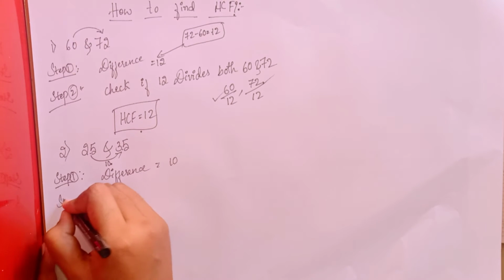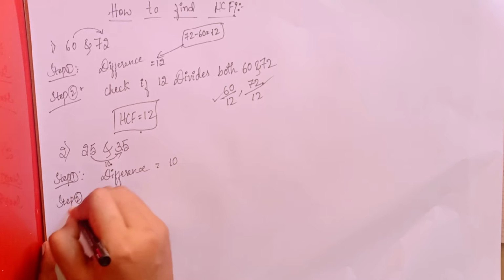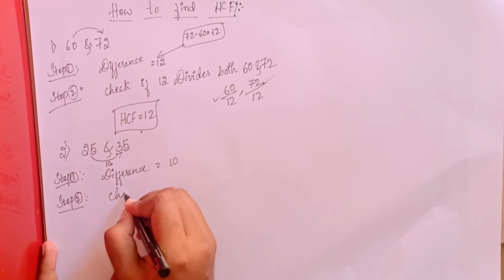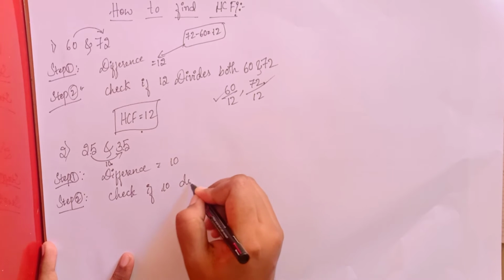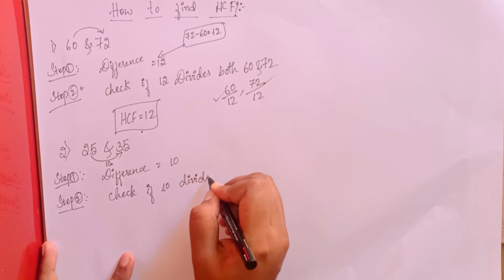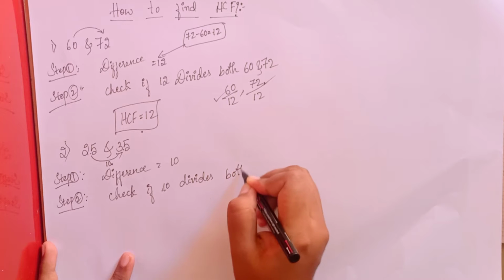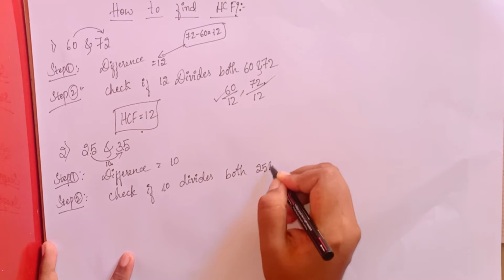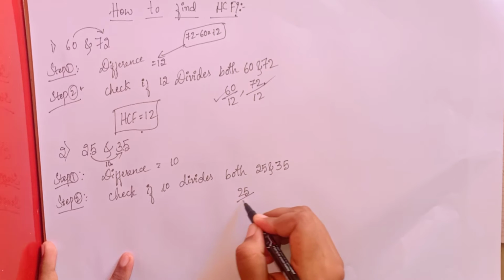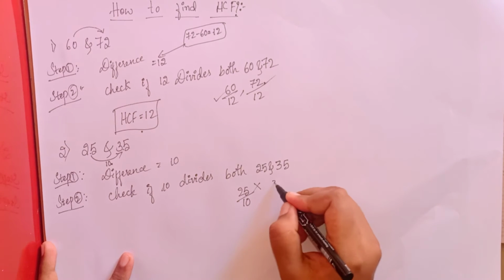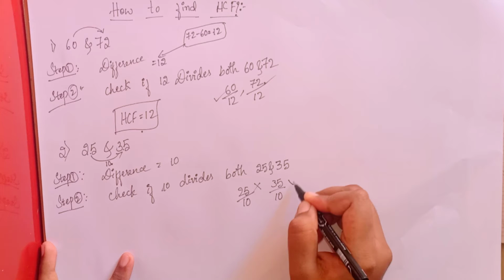Next step, we need to check if 10 divides both numbers, 25 and 35. If you check, 25 divided by 10 is not possible, and 35 divided by 10 is also not possible.